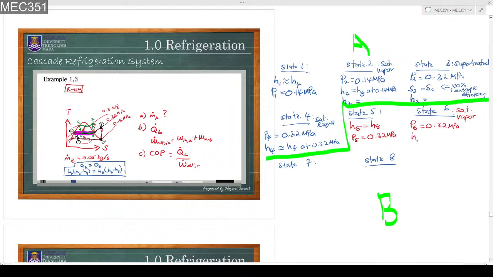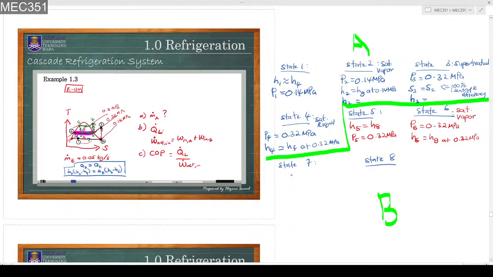And then H6, okay, you can get the value directly from the Hg at 0.32 MPa. Okay, then finally we'll get the H6. Because our objective to get the value of enthalpy, and then from the value of enthalpy we will use in our formula here to get the MA, QL, work net, and COP.